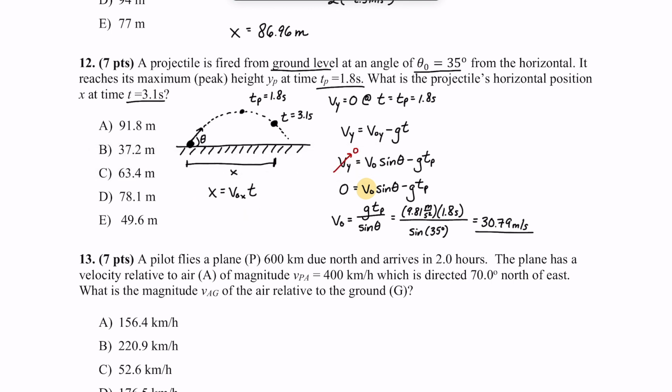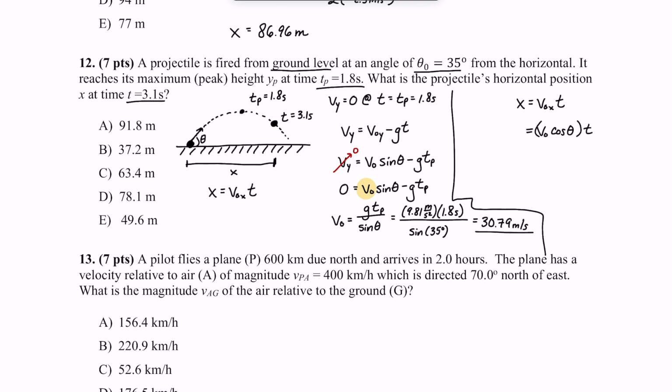I'm going to copy this and move it over here, just so that there's more room to work. Our x initial velocity can be written as v naught cosine theta, and the t just comes along for the ride.